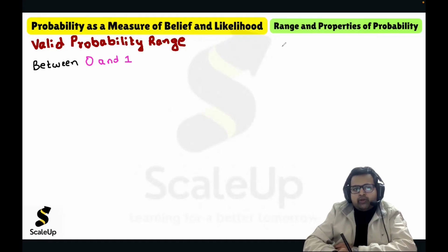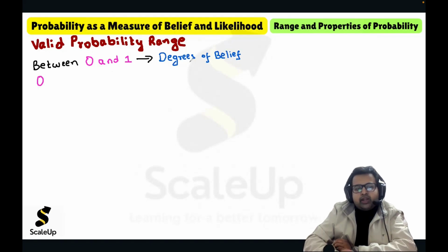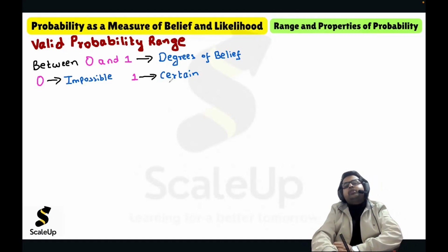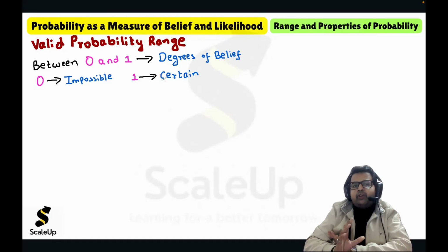It represents degrees of belief. If the probability is 0, it implies impossible. Like if the probability of occurrence of an event is 0, it means that event will not occur at all. It's impossible for that event to occur. And if the probability is 1, it implies certain, because probability 1 means 100% surety that the event will occur.